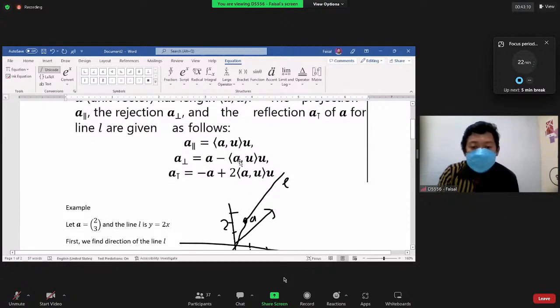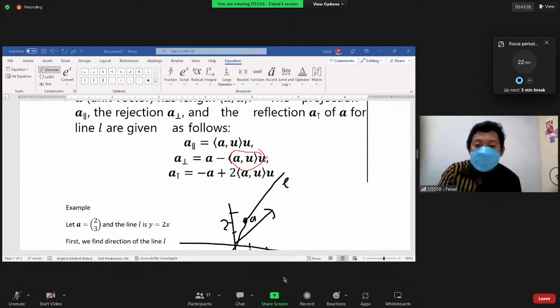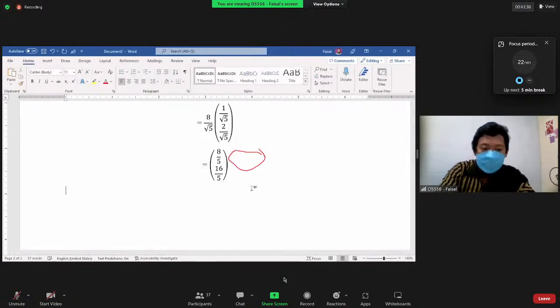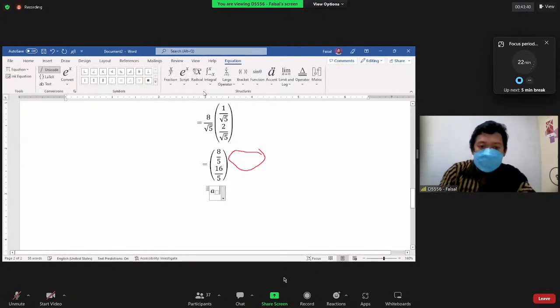We already have the projection. The rejection is the subtraction of the projection from A.